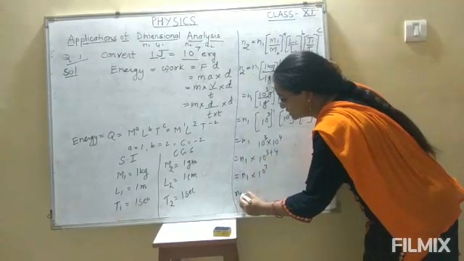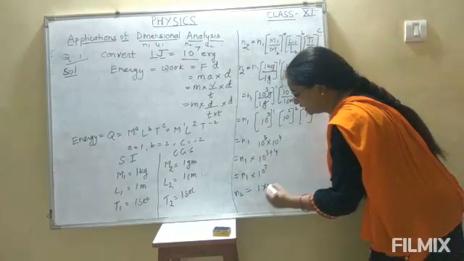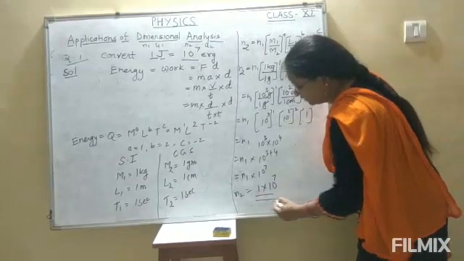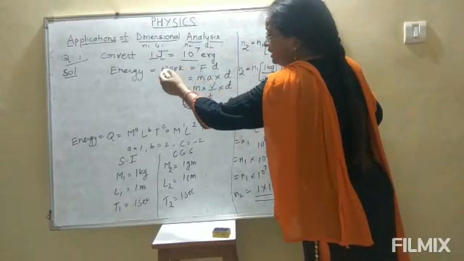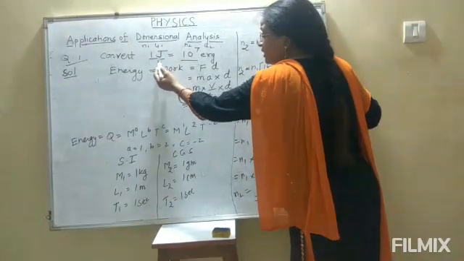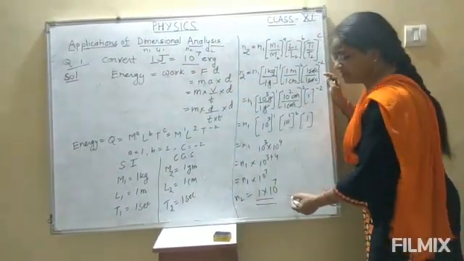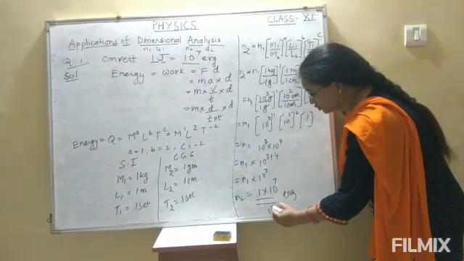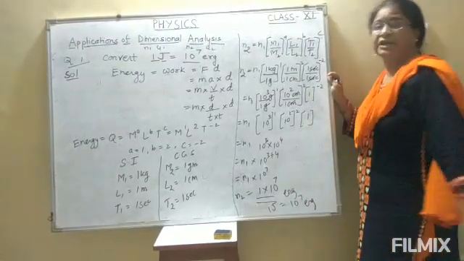So N2 is equal to the value of N1, that is 1, so 1 into 10 raised to power 7. So N2 will be equal to 10 raised to power 7. So we have derived the relation between the physical quantity, and we have converted 1 joule into 10 raised to power 7 erg. Okay. So we can write 1 joule is equal to 10 raised to power 7 erg. Understood?